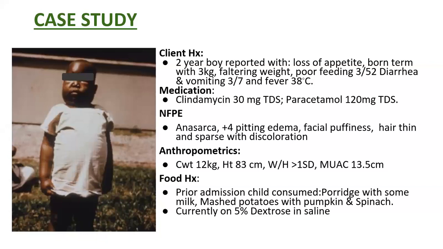The MUAC is 13.5. In the diet history, before admission the child consumed porridge with some milk, mashed potatoes, pumpkin, and spinach. Currently, because the child is very sick, he's not able to eat orally, so he's on dextrose alternating with saline.